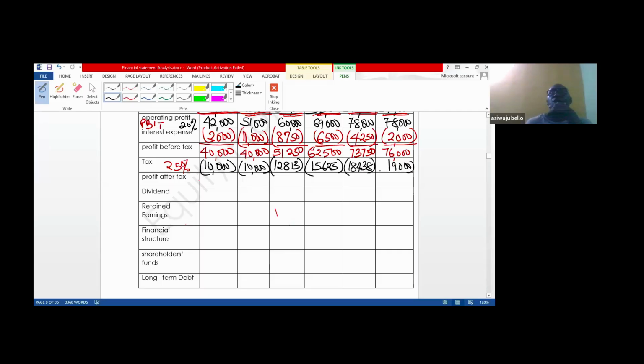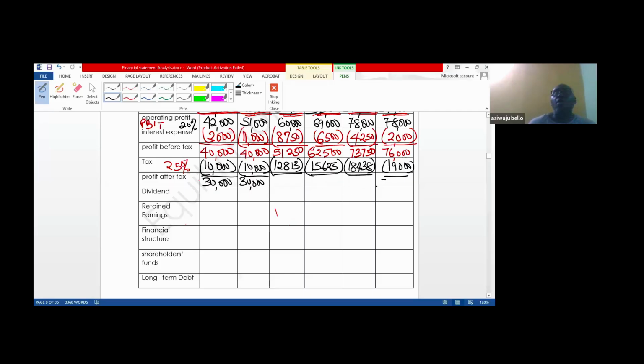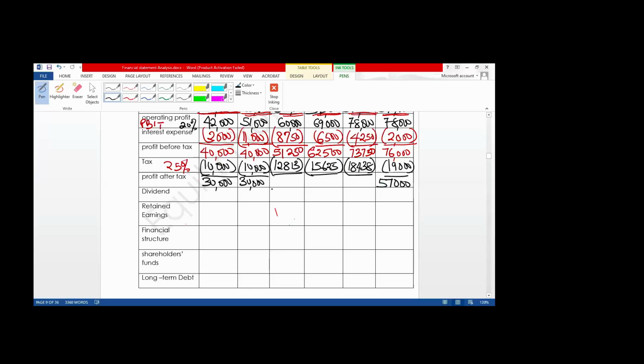Now you can get your profit after tax. I have 30,000. Year 5, 57,000. The one that has 15,625 tax is 46,875.